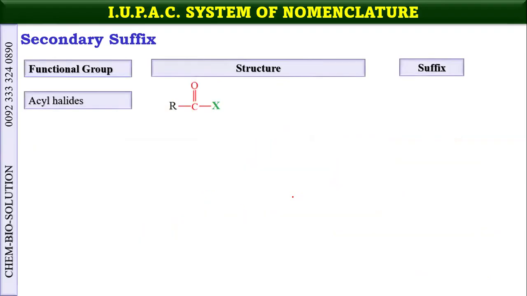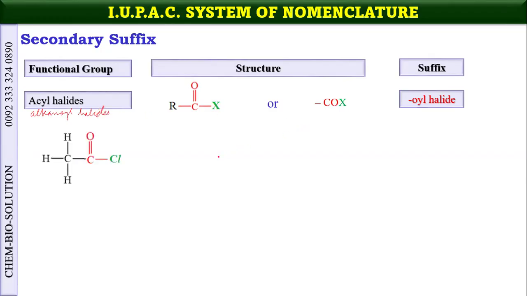Now the functional group is acyl halide, that are also called alkanoyl halides. So if it is Cl, then this is ethanoyl chloride.